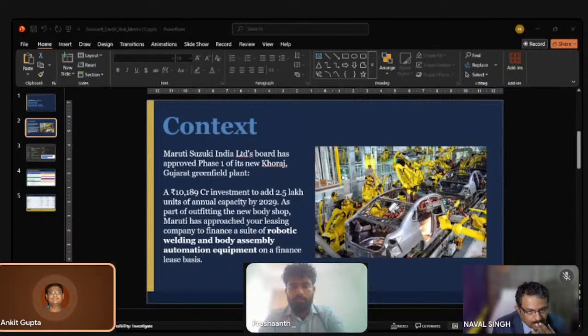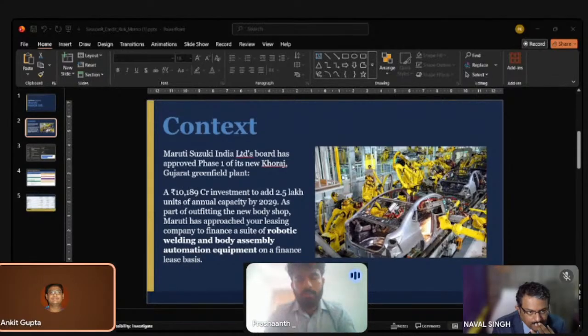And are there any mitigants that you think Maruti Suzuki has inbuilt in its own organization, which help counterbalance those risks and make it a better investment for us? So that's just a basic question.